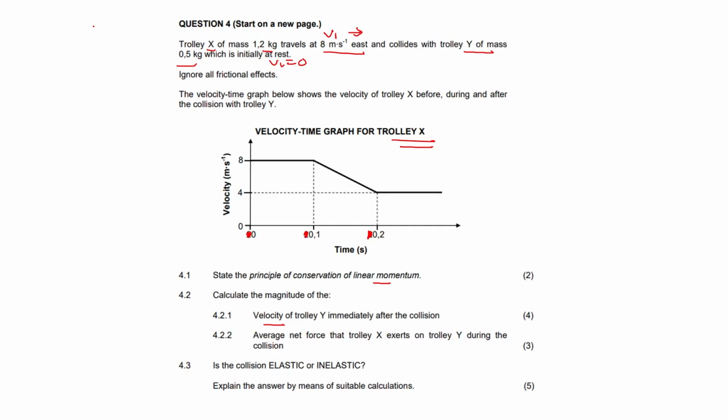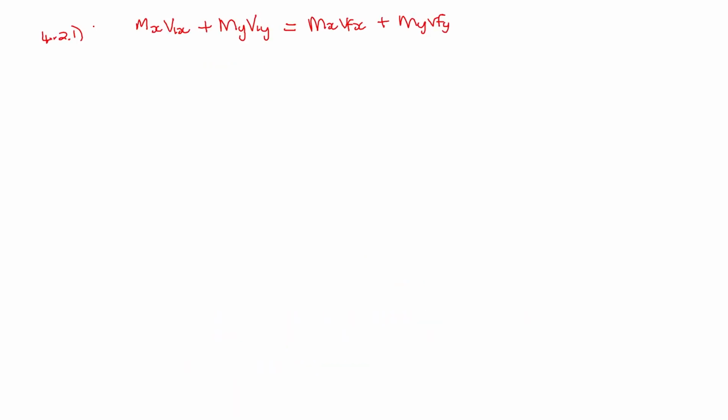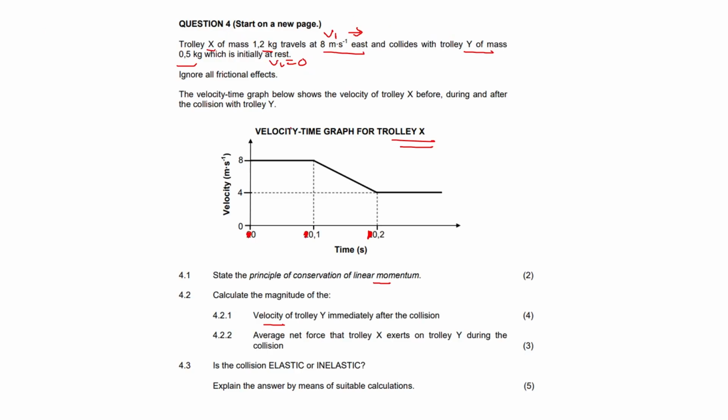The mass of trolley X is 1.2 and trolley Y is 0.5. So this is going to be 1.2 times the initial velocity of trolley X, which has been given as 8 meters per second. Trolley Y is 0.5 mass, and it starts at rest, so the initial velocity has to be 0. Then the mass of trolley X again is 1.2. The final velocity, where do we see that? They actually give it on the graph, before, during, and after the collision.